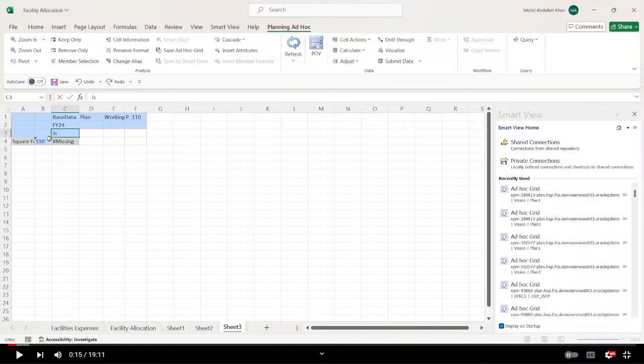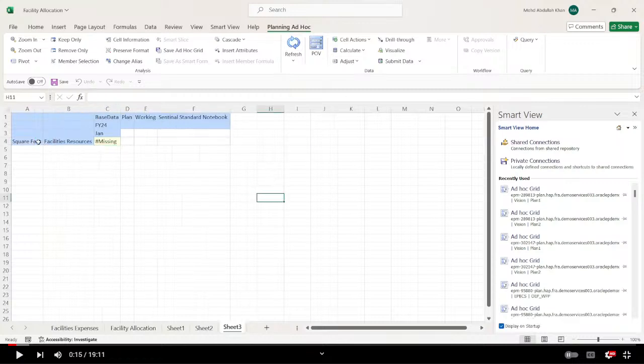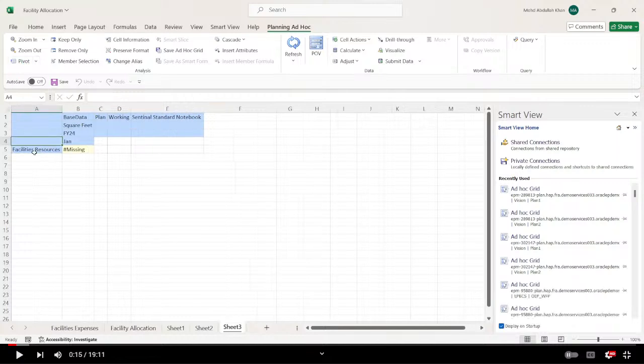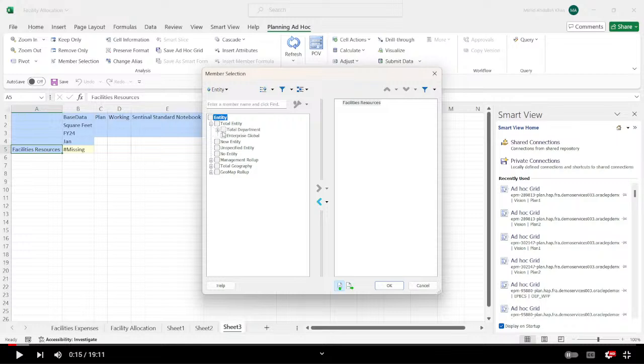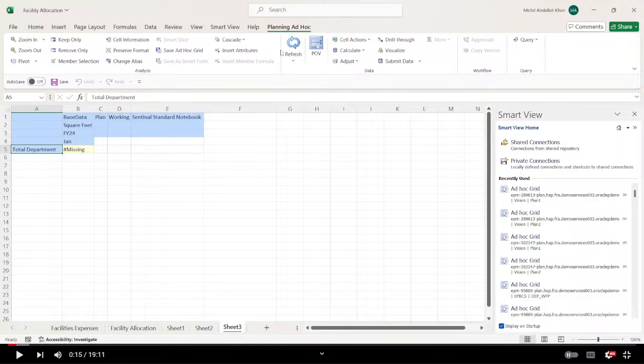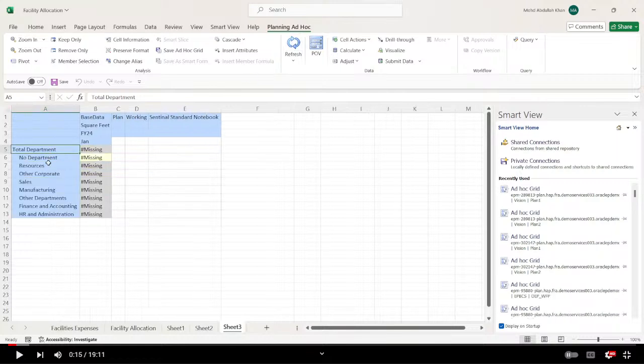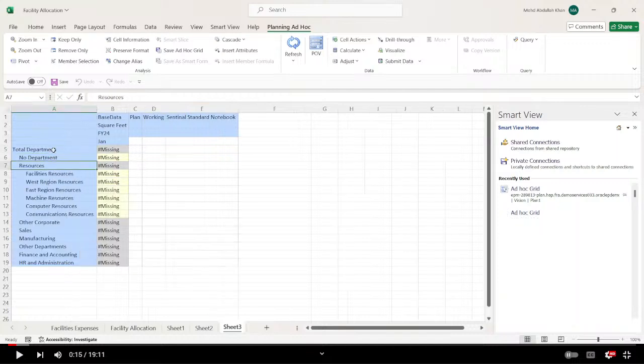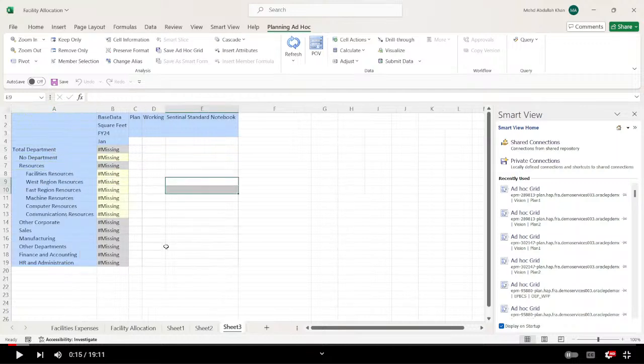We are allocating the resources. I am taking total entity and total department right here. This is the parent member of so many entities. What value we get in the total department will be the base of our expense. It will work as a base.